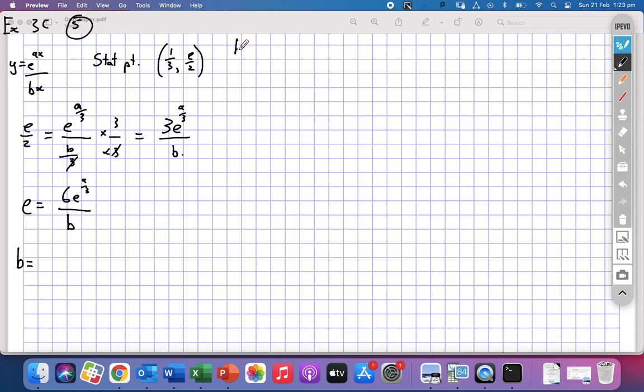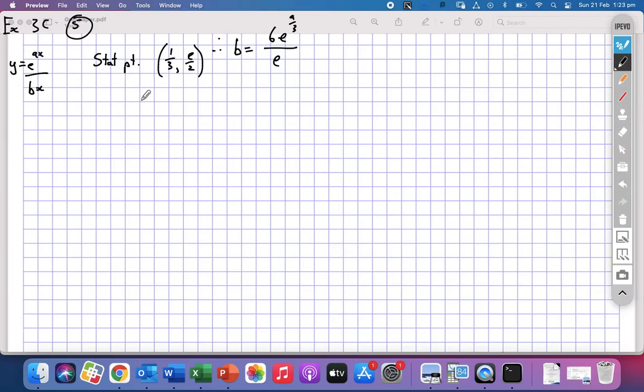So b equals 6 e to the power of a on 3 divided by e. I've timesed both sides by b to get b equals, and also divided both sides by e. That's a little thing I can use later on.